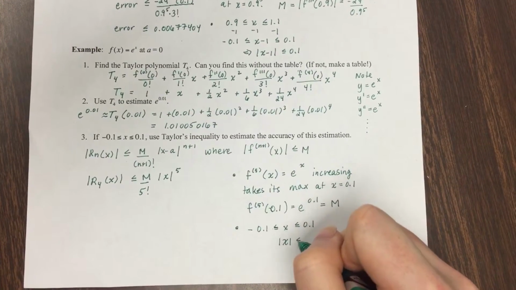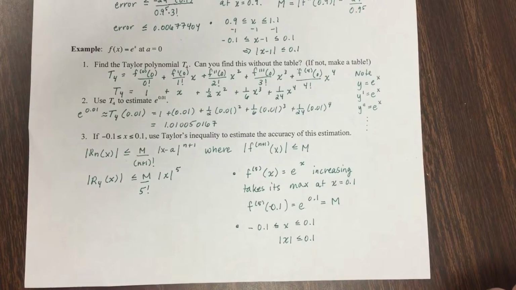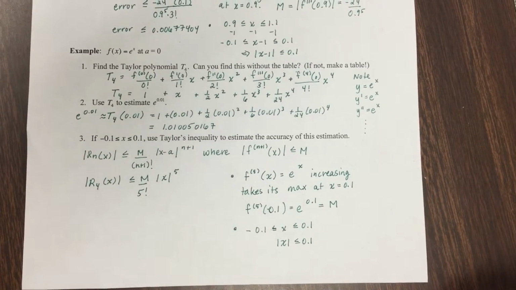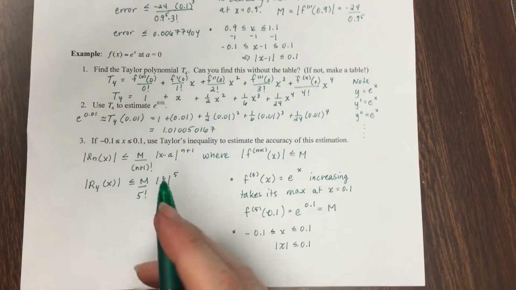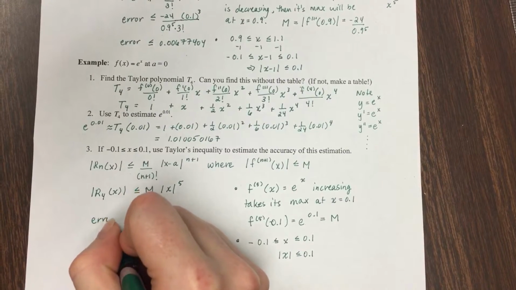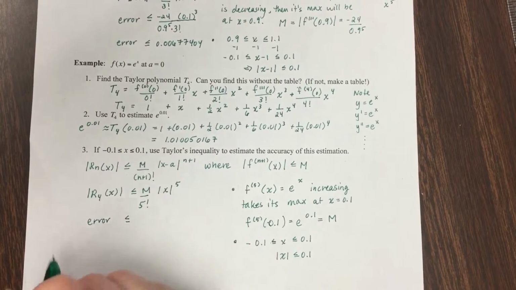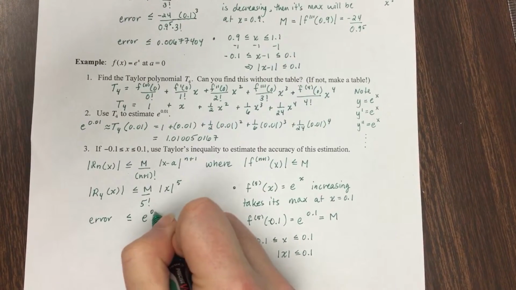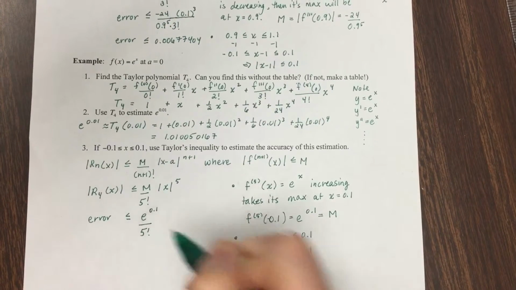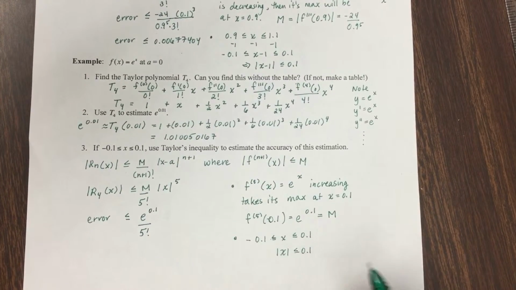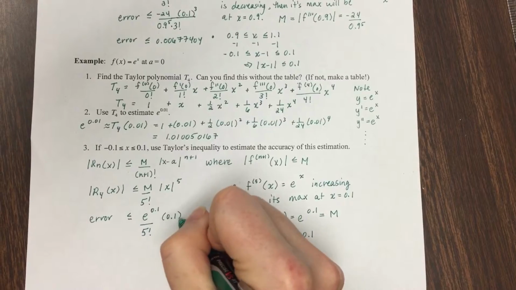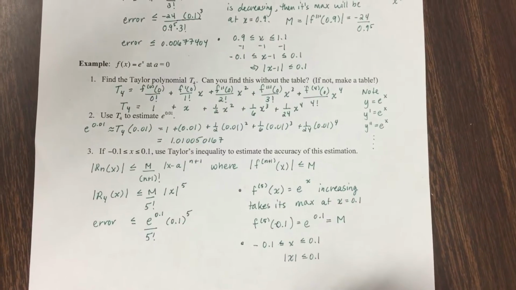So in absolute value, that means the largest distance from x is 0.1. So we've got both pieces of our puzzle to figure out our maximum error. We said M was e to the 0.1 over 5 factorial, and we said the absolute value of x was going to be 0.1 raised to the 5th power.